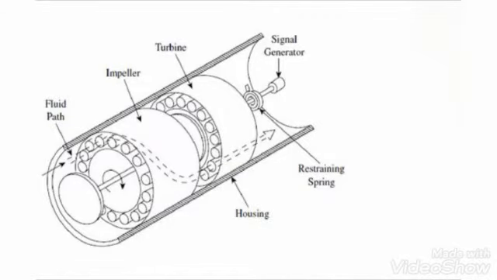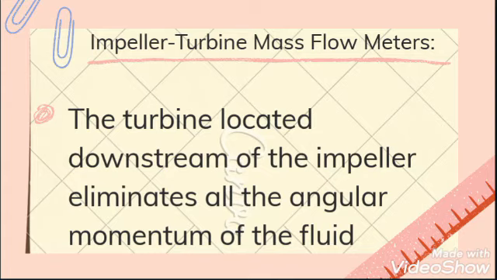Here you can see there is the impeller, which I told you runs through a synchronous motor. There is a fluid path through the channels. It will impart angular momentum that will exert a torque on the turbine. This is measured with the spring tension, and this spring is connected with the signal generator.